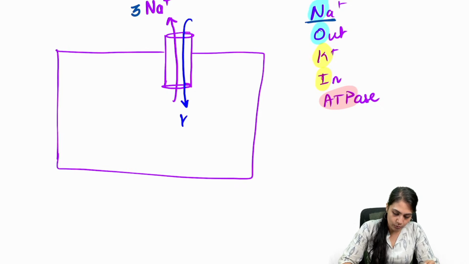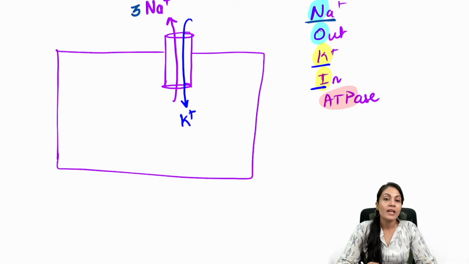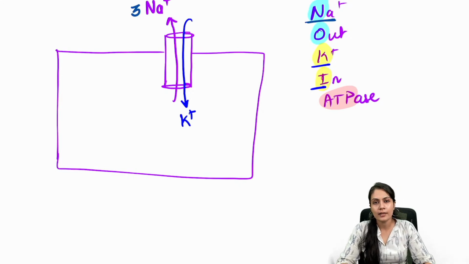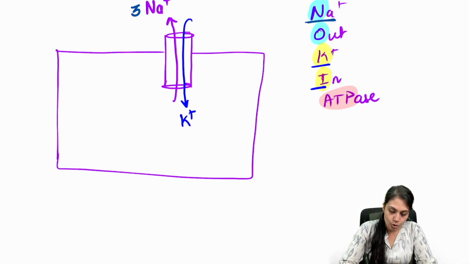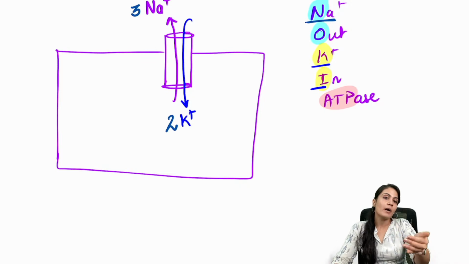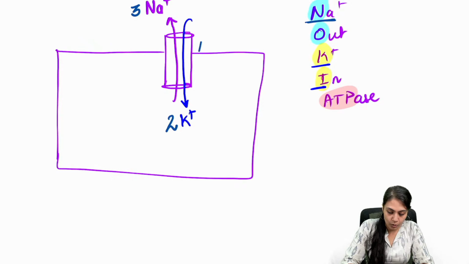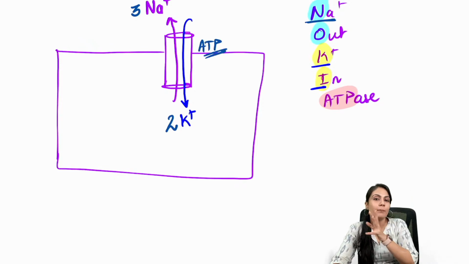In its symbol, K, how many letters are there? Only 1. Add 1 to it. It becomes 2. So please remember, 2 potassium inside. So 3 sodium out, 2 potassium in, with the use of ATP, and that's why we call it ATPase.